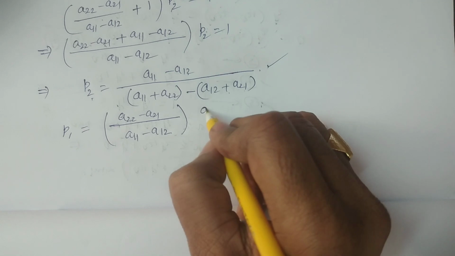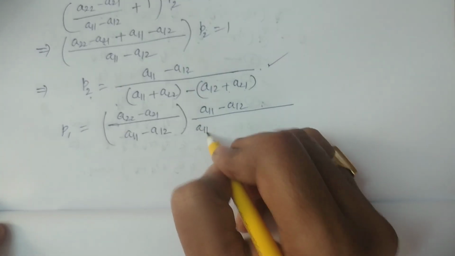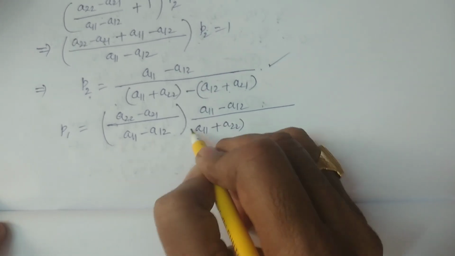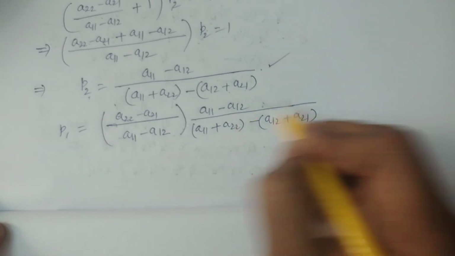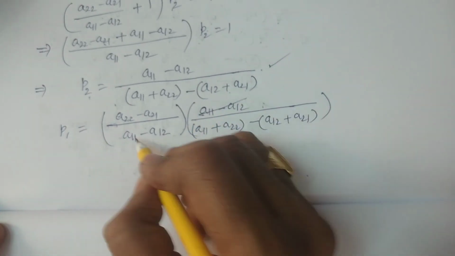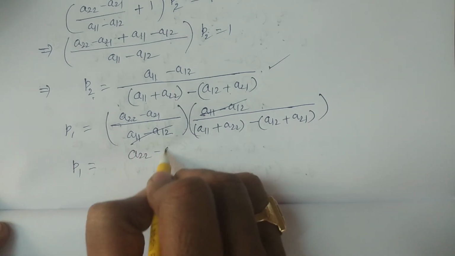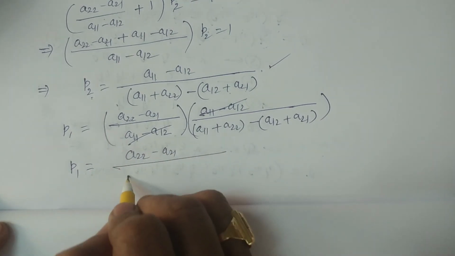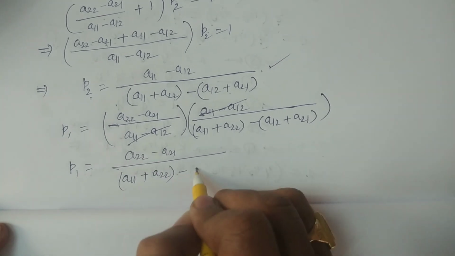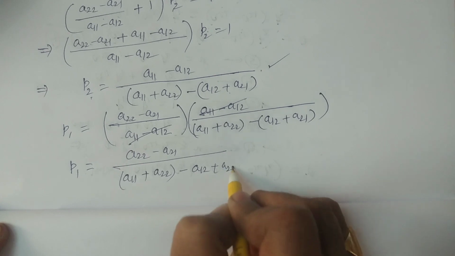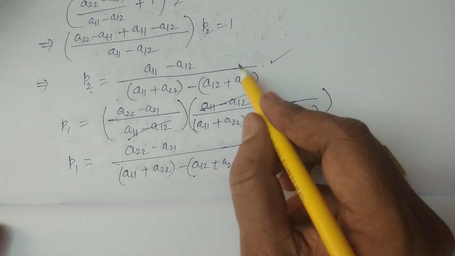P2 is this: (A11 minus A12) divided by (A11 plus A22 minus (A12 plus A21)). Clear? So therefore this will get cancelled, and the P1 value is (A22 minus A21) divided by (A11 plus A22 minus (A12 plus A21)). Therefore now P1, P2 values have been determined. This is P1, this is P2.